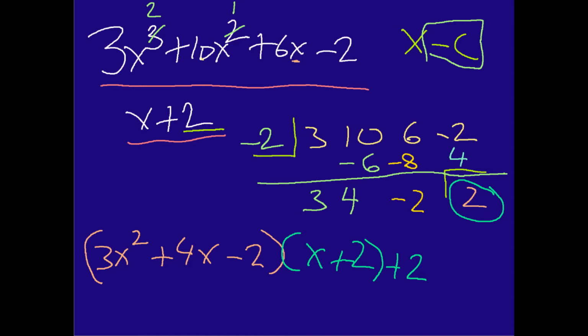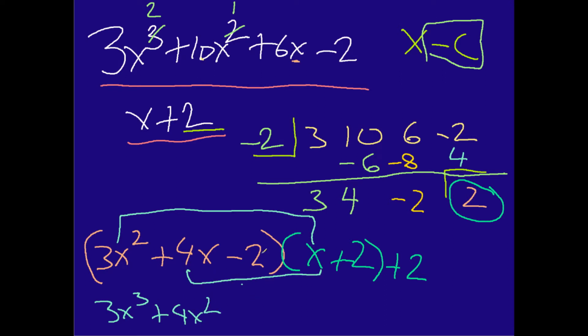So let's see here. 3x squared times x is going to be 3x cubed. That should look familiar. 4x times x is going to be plus 4x squared. And then, of course, minus 2 times x is going to be minus 2x. Almost done here.